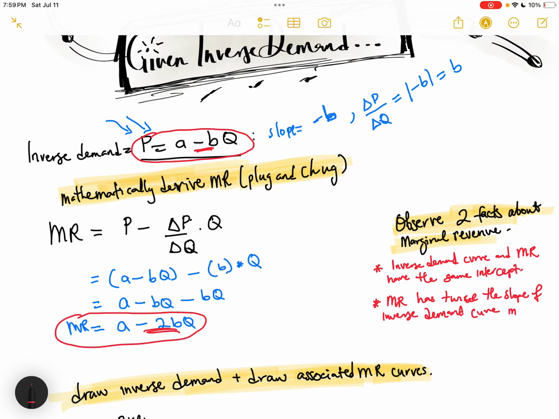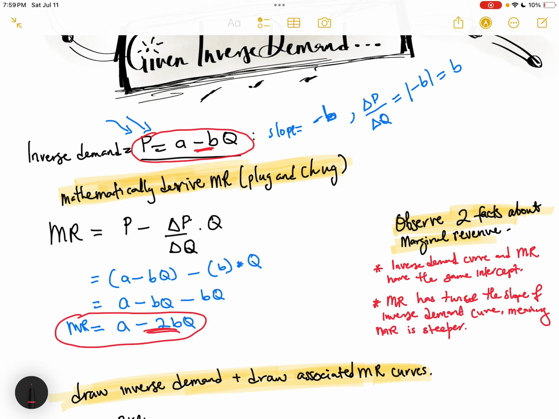Let's write that properly. Meaning it is steeper. MR is steeper than the inverse demand curve.